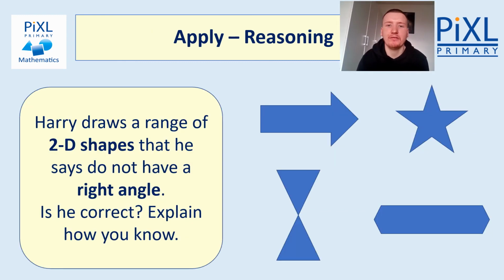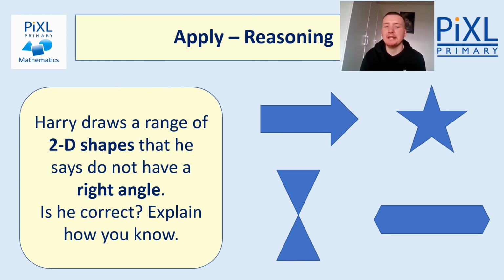Our final fun question of the day. As you know, Mr. Craig likes to just make it a bit more fun with some crazy shapes. Let's have a look at my final question. Harry draws a range of 2D shapes that he says do not have right angles. Is he correct? Explain how you know.